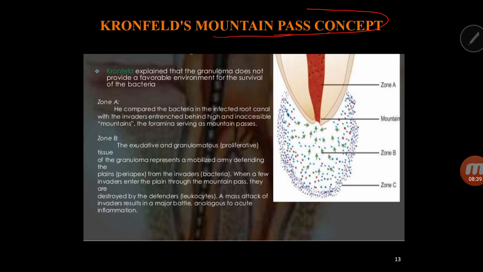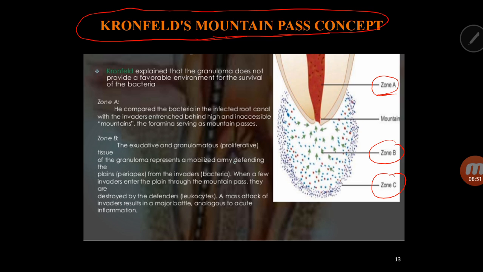Okay, so Fish's mountain pass theory. This is a concept which helps in explaining the periapical inflammation or periapical process. It divides into a few zones: zone A, zone B, and zone C. Zone A is the bacteria that is present in the infected root canal, which invades the foramen.